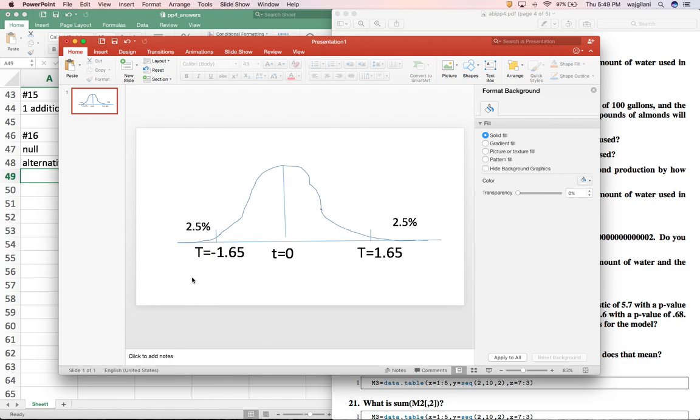And that's the negative region, right? So any t-value greater than 1.65, you're in the reject the null hypothesis region, or less than negative 1.65, you're also in the reject the null hypothesis region.